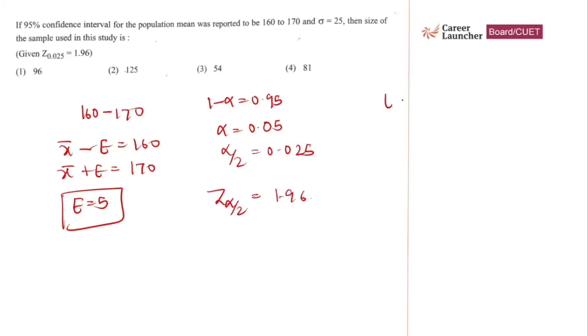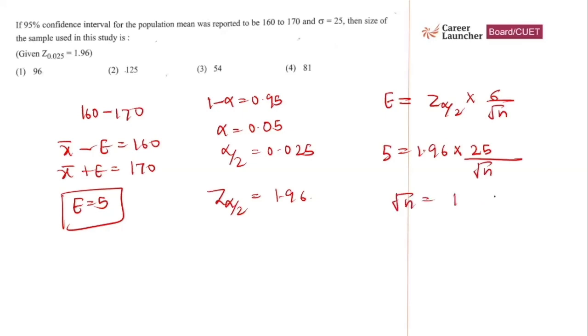Now we know that E is equal to Z alpha by 2 into sigma upon root n. So 5 is equal to 1.96 into sigma, which is 25, upon root n. So from here, root n will be 1.96 into 25 upon 5.